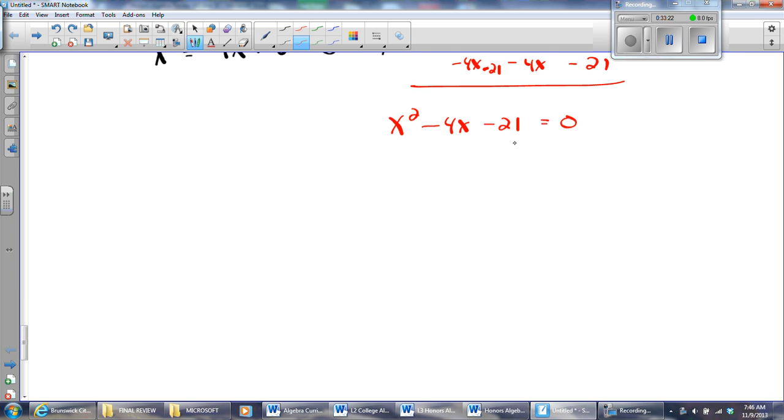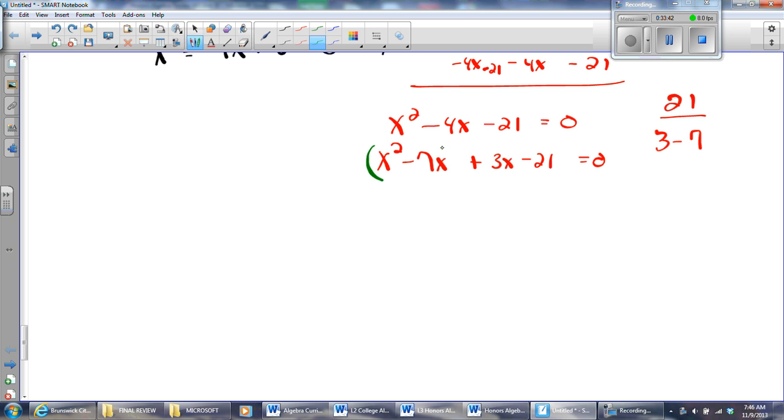here I'm ready to factor. I need 2 factors of 21 that subtract to get negative 4. Well, how about a 3 minus a 7? So I could go x squared minus 7x plus 3x minus 21. That'll equal 0.